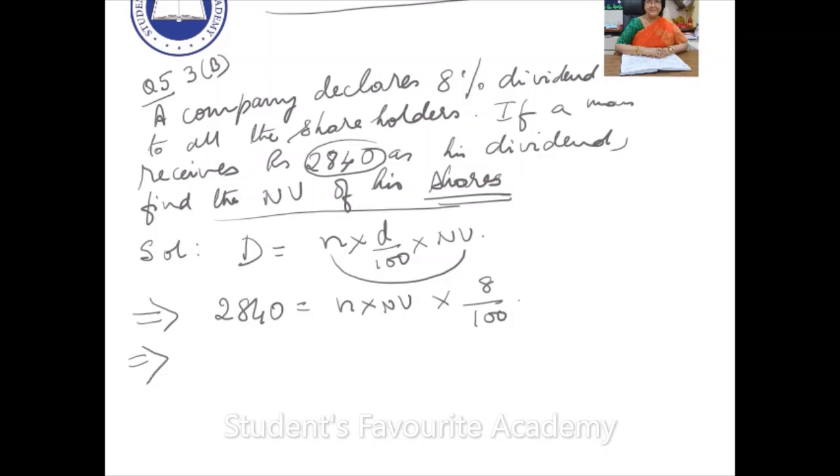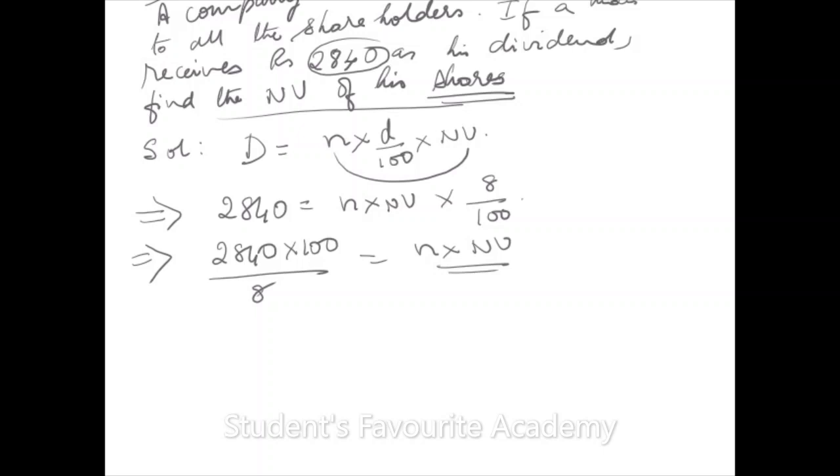Okay, so this implies 2840 into 100 upon 8 is equal to n into nv, and this is the total nominal value of all his shares. So when you cancel it, 8 1s are 8, 8 3s are 24, 4 will remain, 8 5s are 40, so it will be rupees 355 and these two zeros.